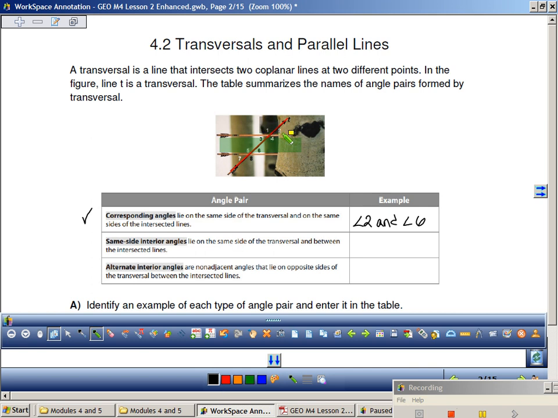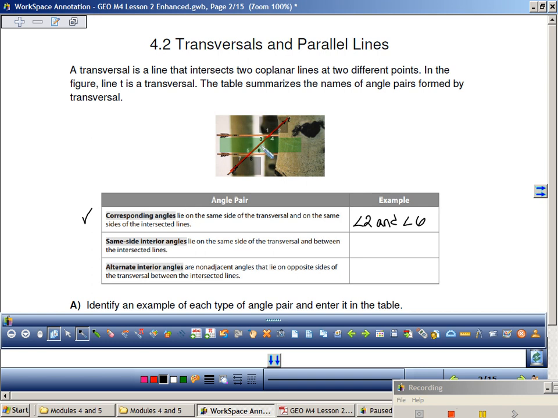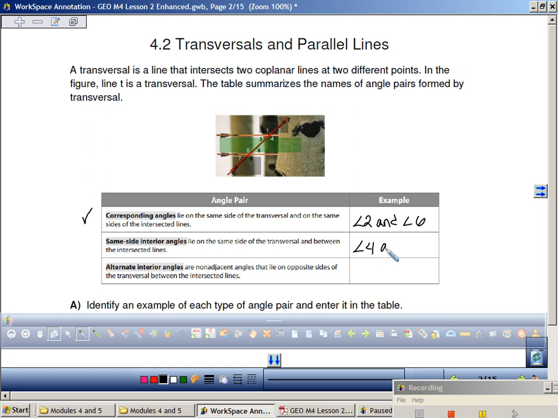And the other part out here is the outside. So if we're talking inside and on the same side of the red line, what two angles are same side interior? Angle 4 and angle 6, or I could have said angle 3 and angle 5. Same side interior.